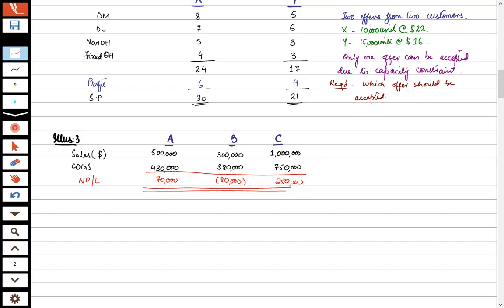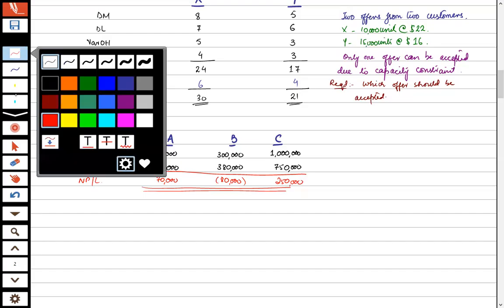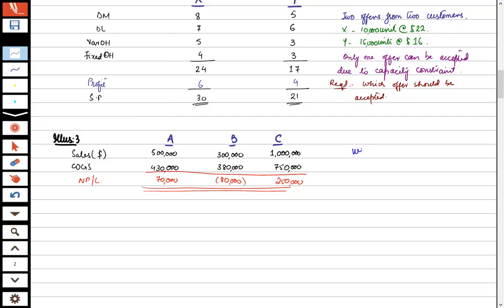Now, have your say. Should the organization continue this product? The requirement is whether product B should be continued or not.